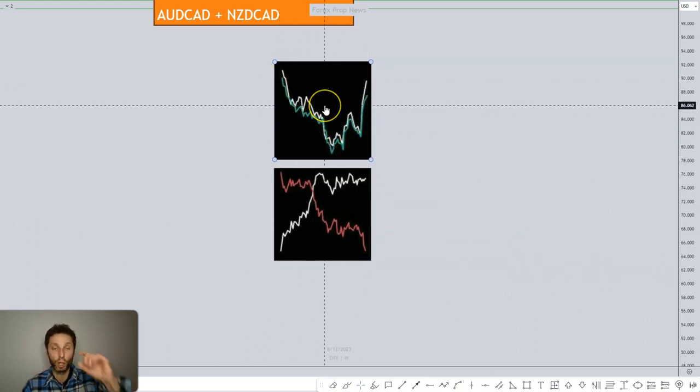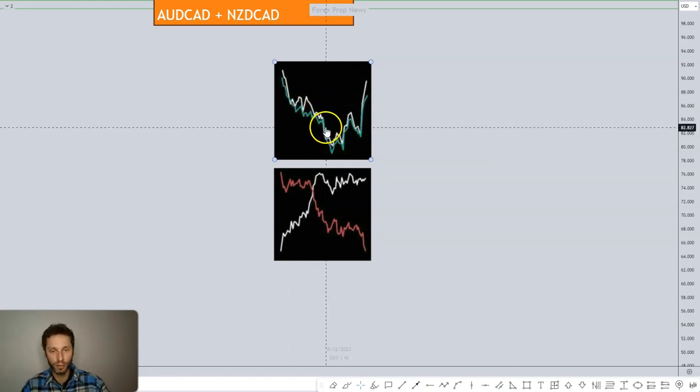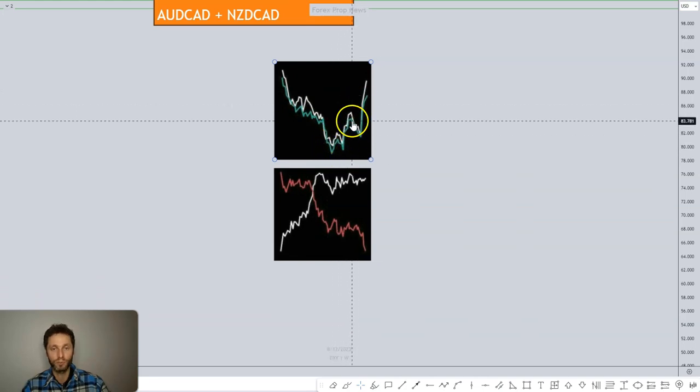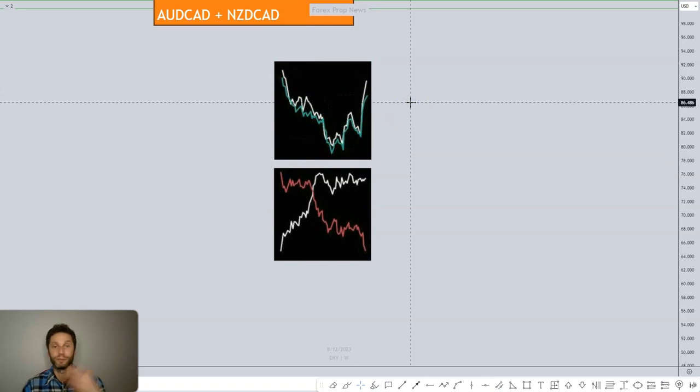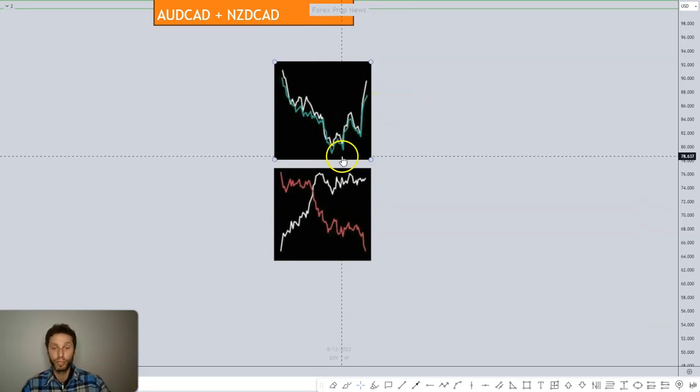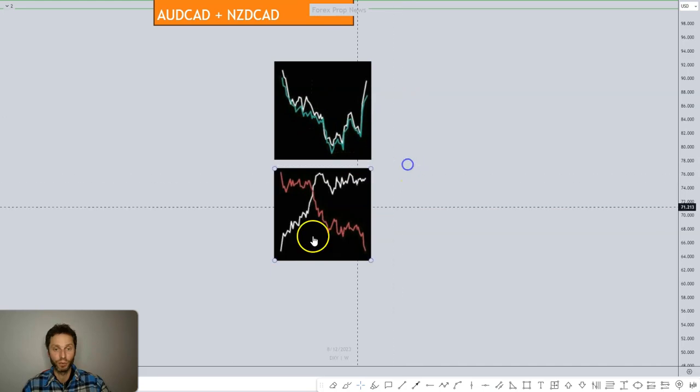As you can see, both of them are closely correlated. If you overlap them together, you will see that they move pretty much in sync. As one moves down, so does the other. As one turns around, moves up, so does the other. You never get 100% match, but you will get something that's very close.